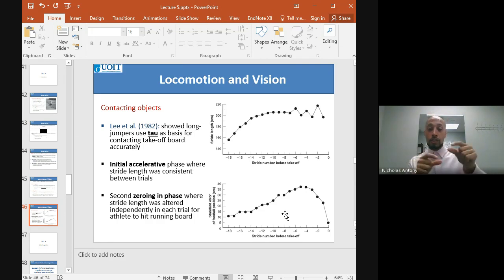And then they would adjust their stride length to make sure that they touched the target, and then they could jump. So in this case, vision was primary to ensure time to contact or contacting an object. In this case, wherever they jump. I don't know if it's a plate or a spot.